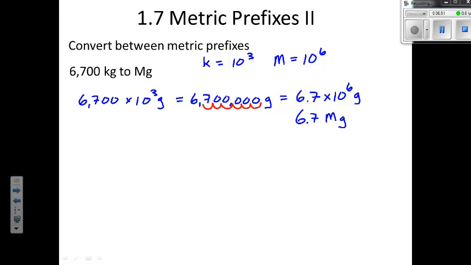We can also do this with dimensional analysis. We don't have to move the decimal place back and forth, but we do have to do some other arithmetic.